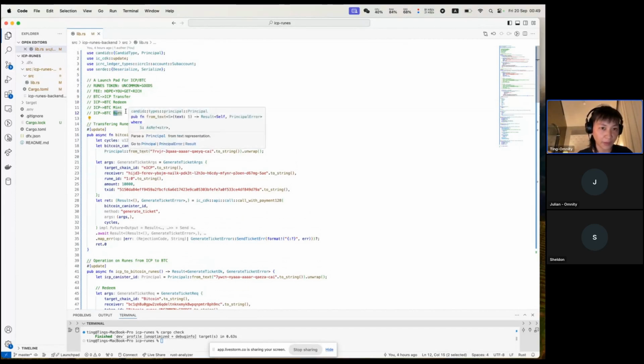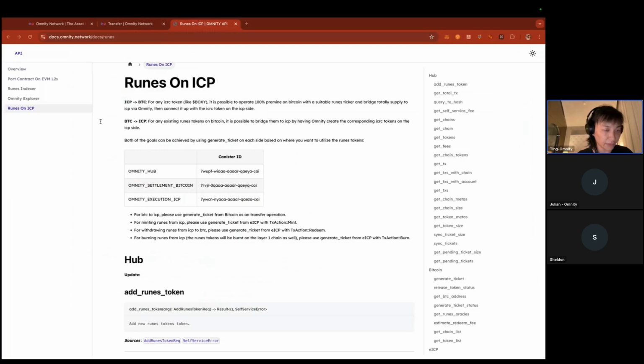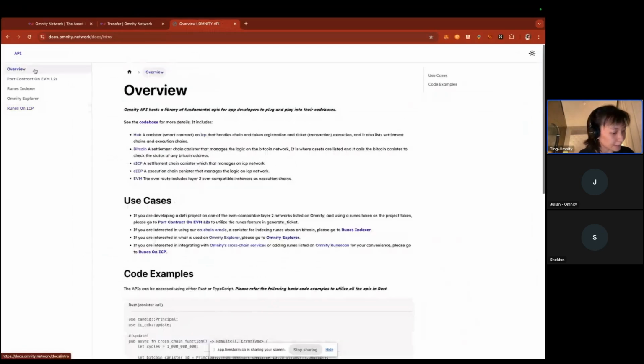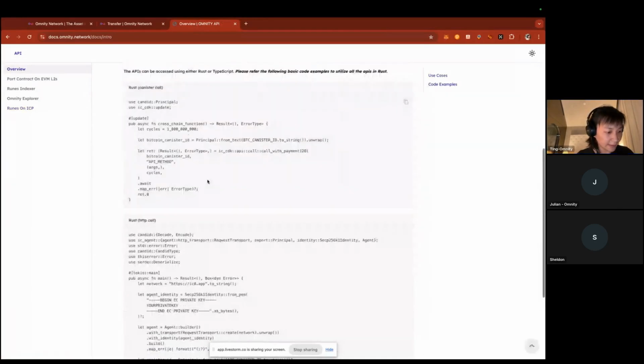So to begin with, we can head to the overview page here and look at the code example. As you can see, our API is from the online canister instead of a library, so you will need to connect with the canister first before you try to use the API here.